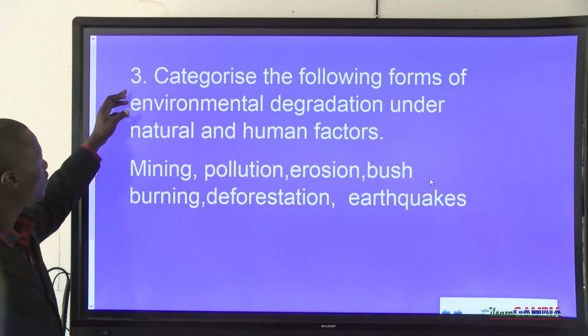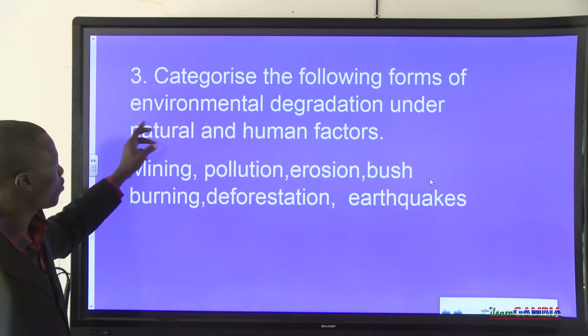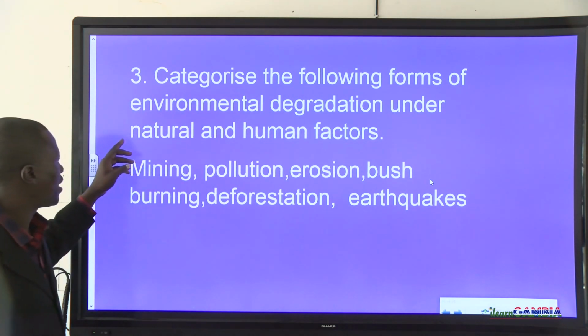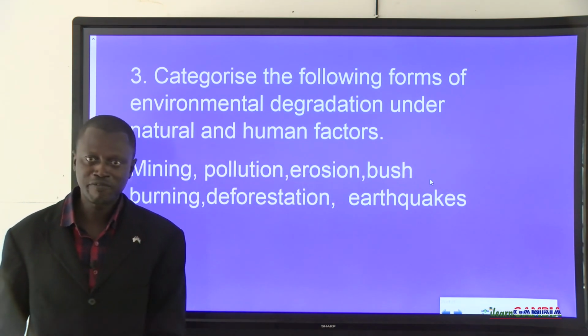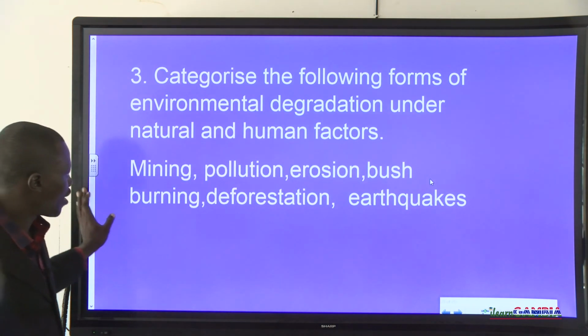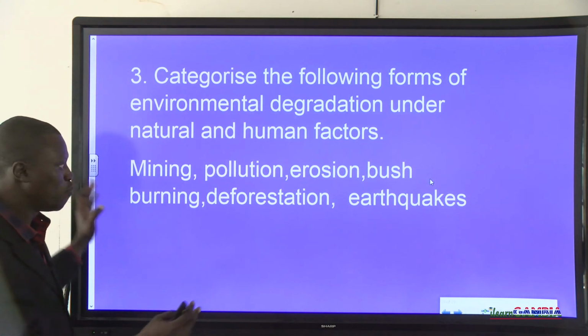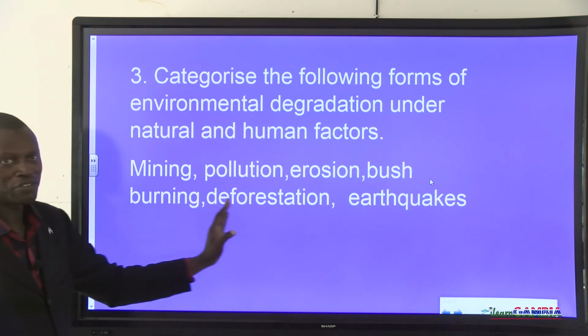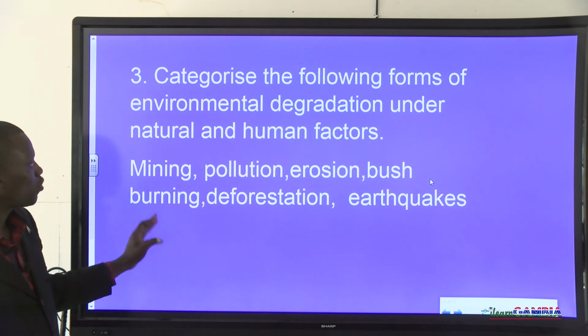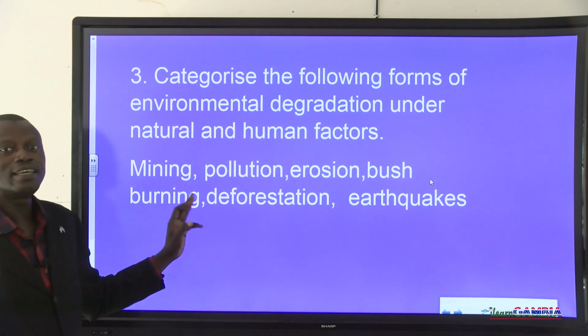Next question, categorize the following forms of environmental degradation under natural and human factors. Now, here are environmental degradation practices, but they are all mixed together. We are now going to classify them. Which one is natural and which one is human?